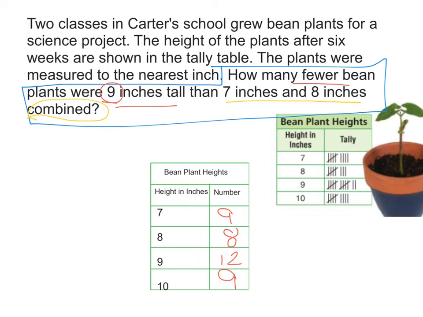So far we made a frequency table to organize the data. Now we can use the numbers to add the number of 7 and 8-inch plants together, since it says combined. So, plants that were 7 inches. There were 9 that were 7 inches.